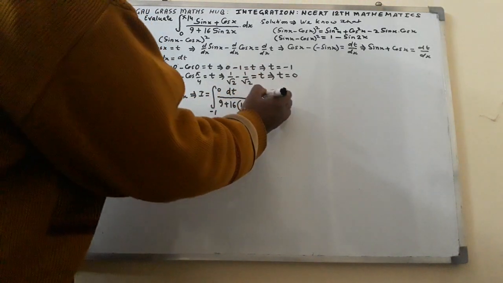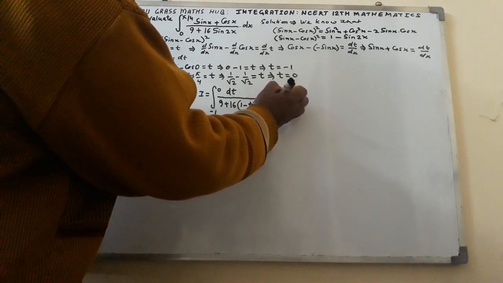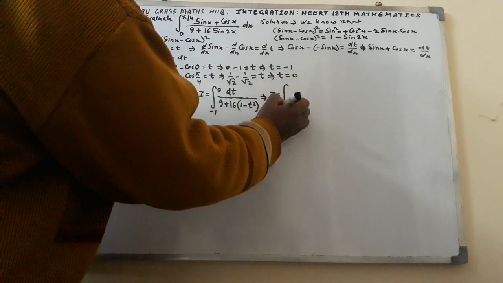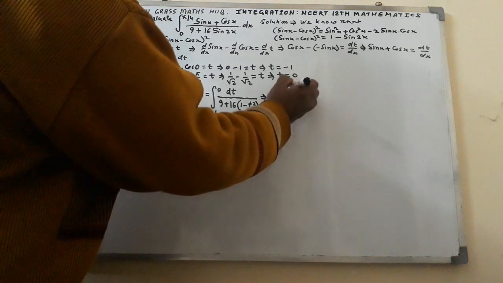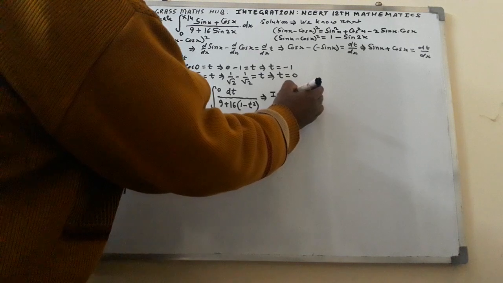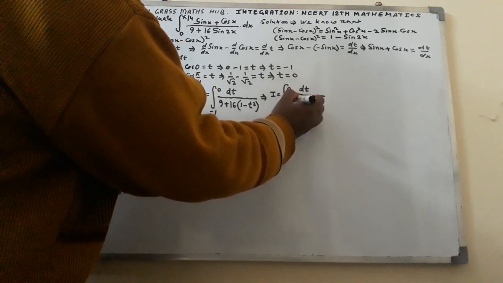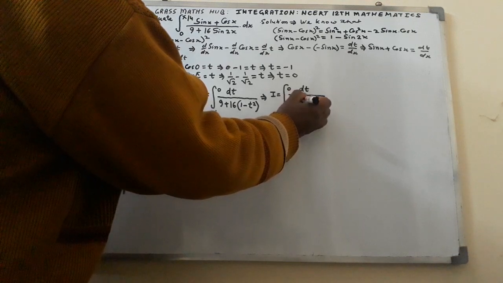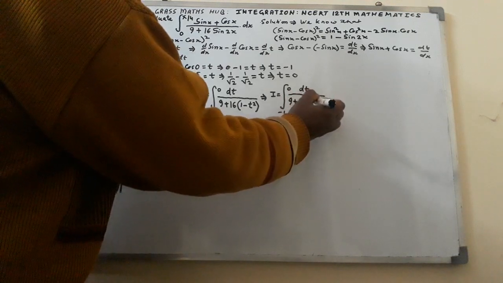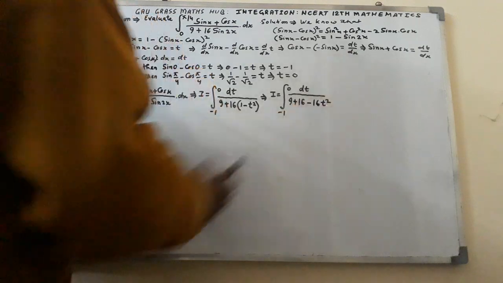Again I shall write, implied that I equal to integral from minus 1 to 0, dt whole over 9 plus 16 minus 16 t square.